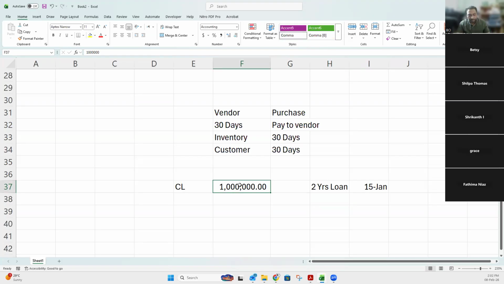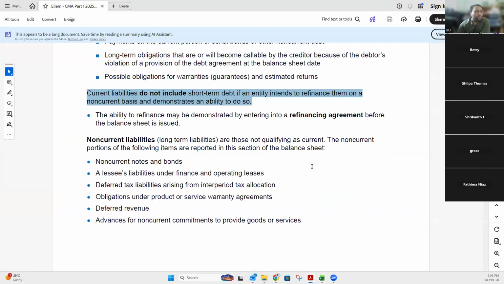Clear? But this happens before the balance sheet is being signed by the auditor. Then you have to move it to non-current liability. This particular vendor's outstanding amount, you have to move to non-current liability.